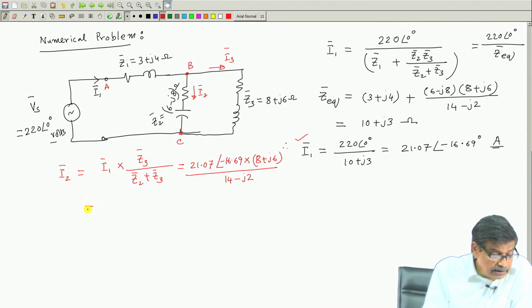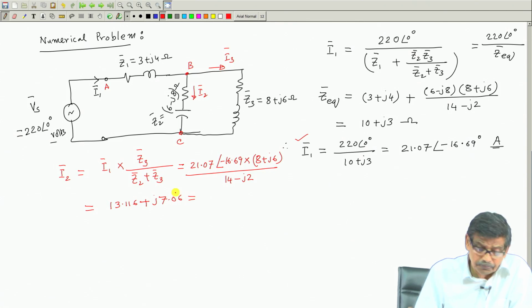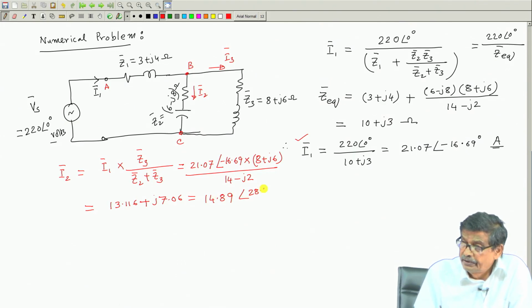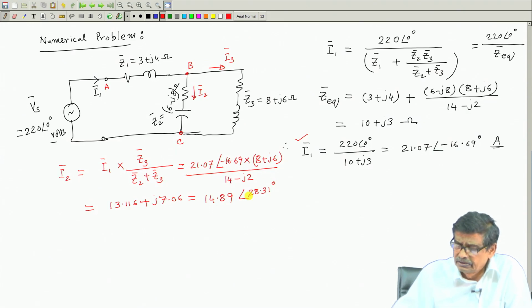If you calculate this, generally the calculator will give you rectangular form, but you can easily convert it to polar form, which gives you 14.89 and angle 28.31 degree, close to this it will come. So, this is equal to I 2 bar, so much ampere.